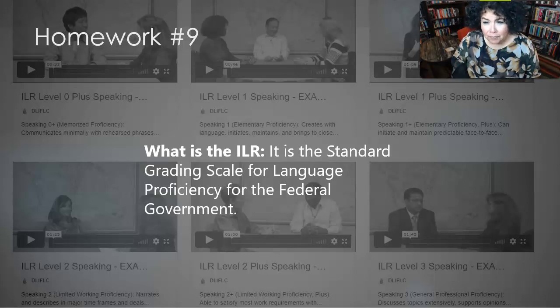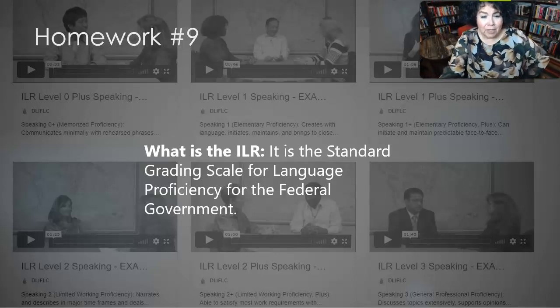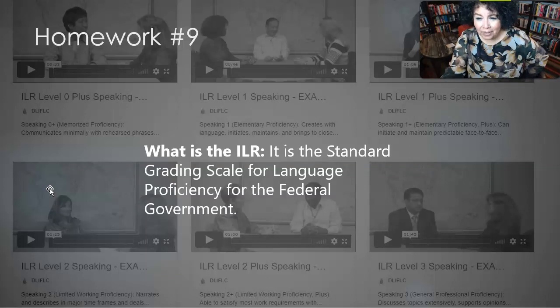I've always had some that are very, very fluent in my classes, and you could perhaps be working for the federal government. There are also some of you that need to build on proficiency, but this will give you an idea where you are. It's important for you to know where you are and what your areas of need are.